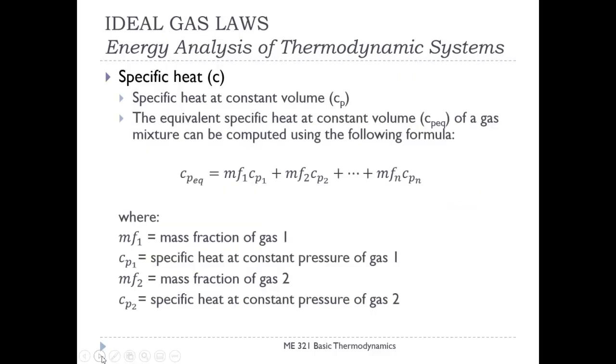We can also compute for the equivalent specific heat at constant pressure of a gas mixture using this formula. We just multiply the mass fraction of each component gas by the specific heat at constant pressure of that gas. Then add all of this to get C sub P EQ of the gas mixture.